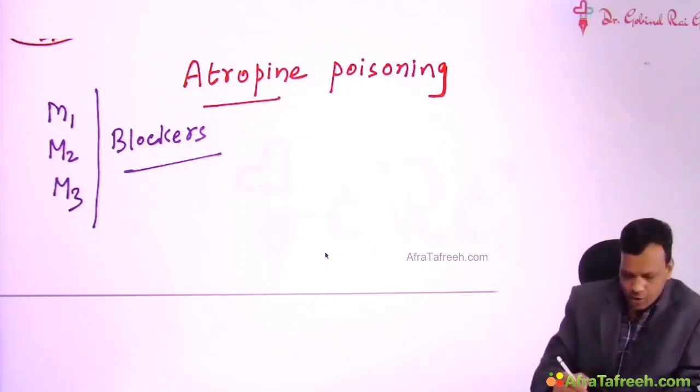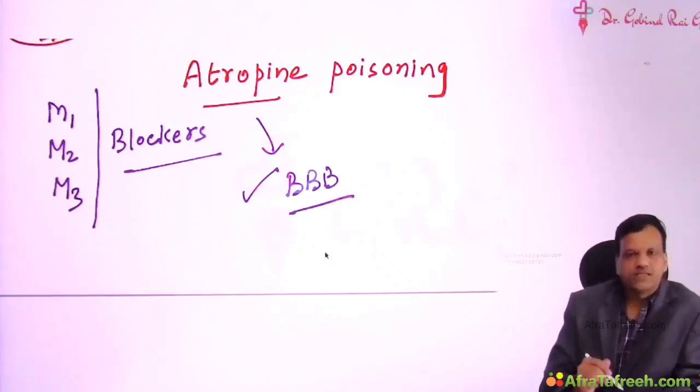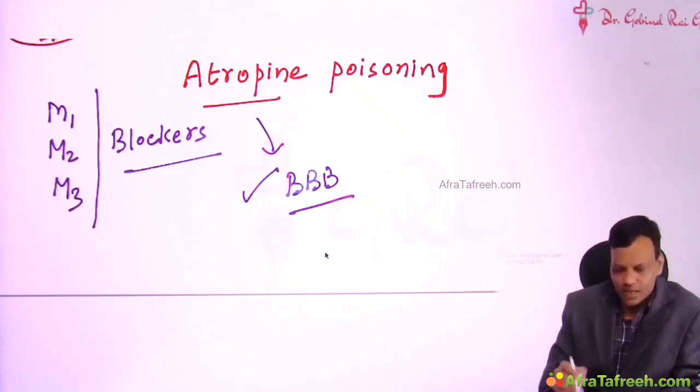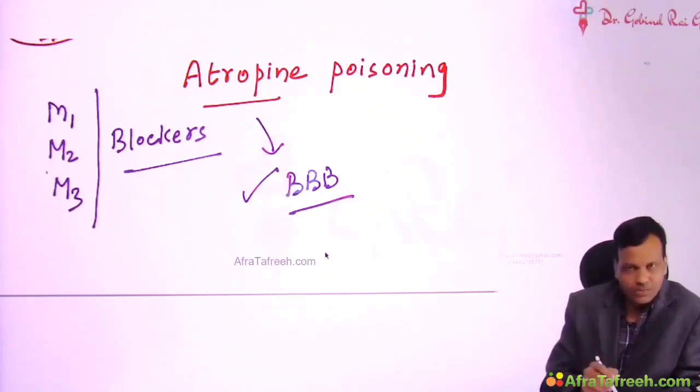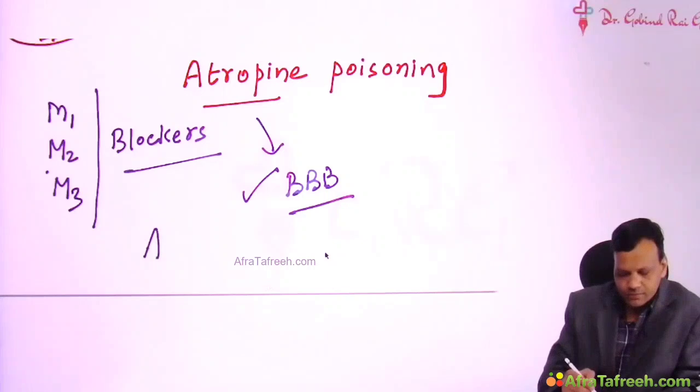Another important thing, atropine can cross the blood-brain barrier. So when atropine poisoning occurs, there will be blockage of these receptors in the brain as well as outside the brain. So when we want to treat the poisoning, we have to stimulate these receptors in the brain as well as outside the brain. And for stimulating these receptors, we require acetylcholine.